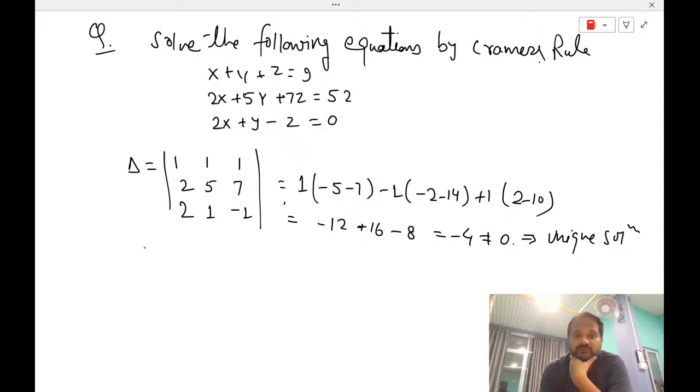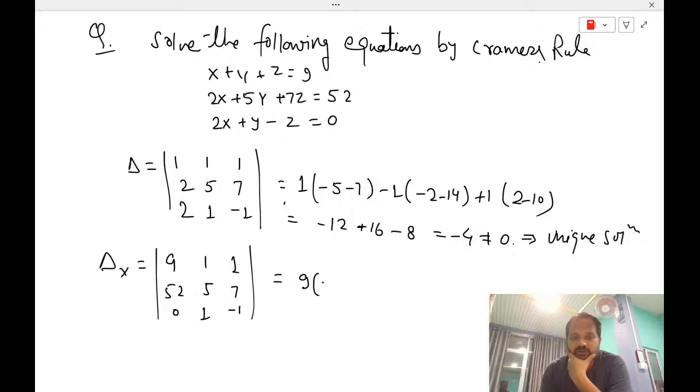Okay, so now we will find delta x. We replace the a1, a2, a3 by the constant terms 9, 52, 0, with 1, 5, 1, 1, 7, minus 1. We will expand along the first column, it will be easy. So it will be minus 5 minus 7 and minus 52 times minus 1 minus 1, and 0 multiplied by anything will be 0.